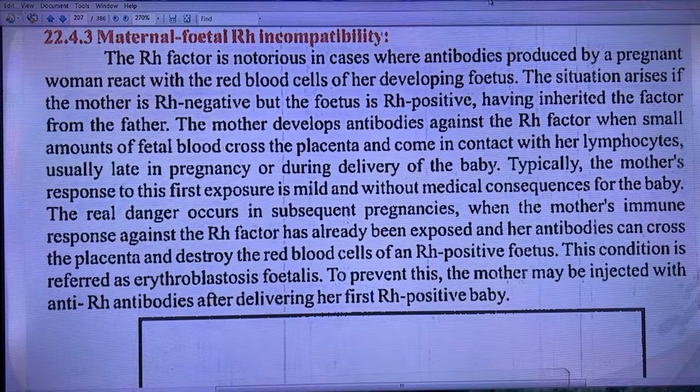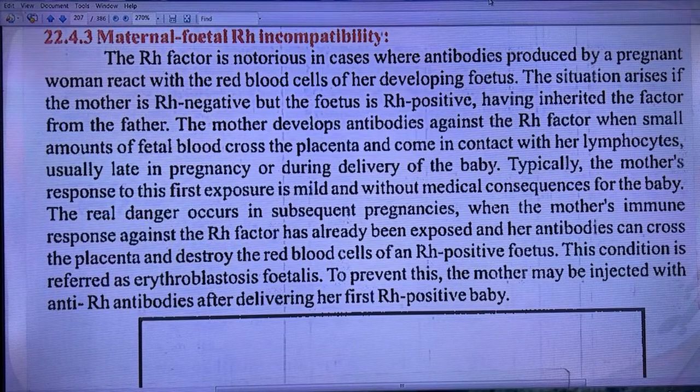Typically, the mother's response to this first exposure is mild and without medical consequences for the baby. The real danger occurs in a subsequent pregnancy, when the mother's immune system has already been exposed to the Rh factor, and her antibodies can cross the placenta and destroy the red blood cells of an Rh positive fetus. This condition is referred to as erythroblastosis fetalis.